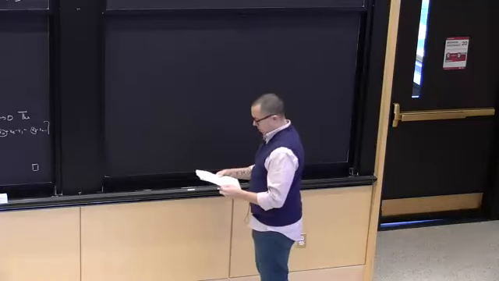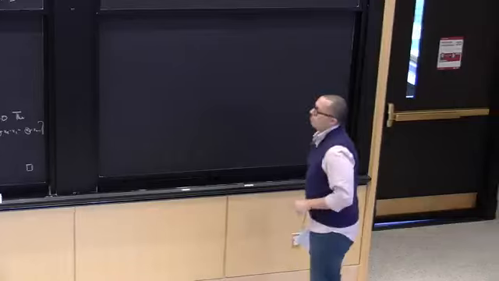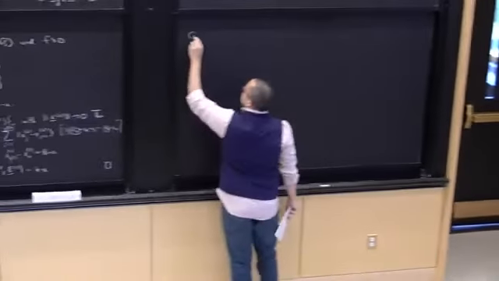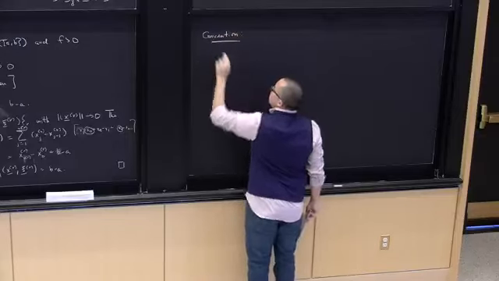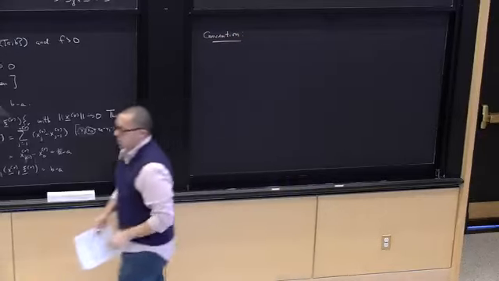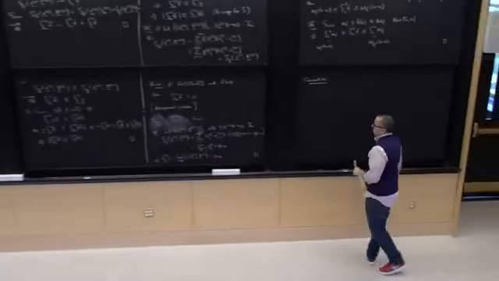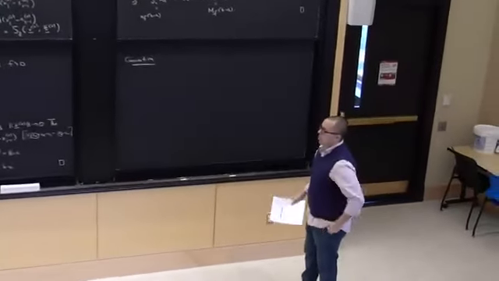So now let me make a few comments about some conventions, really. We've been talking about the integral from a to b of f when a is less than b.